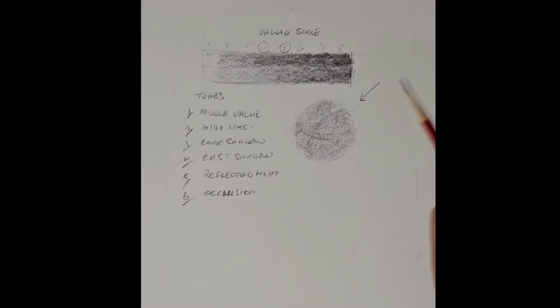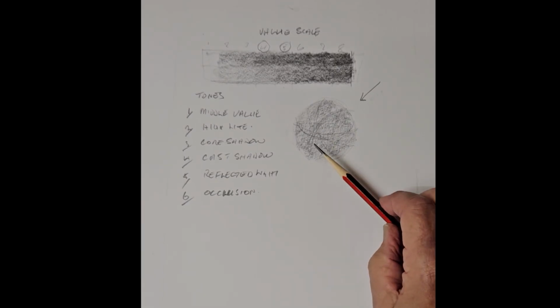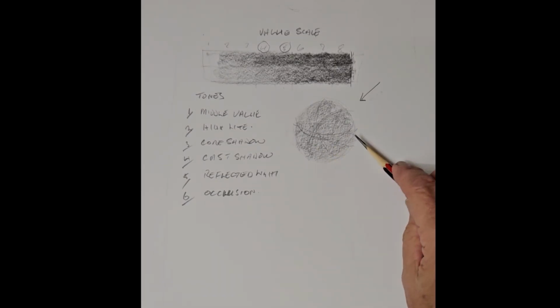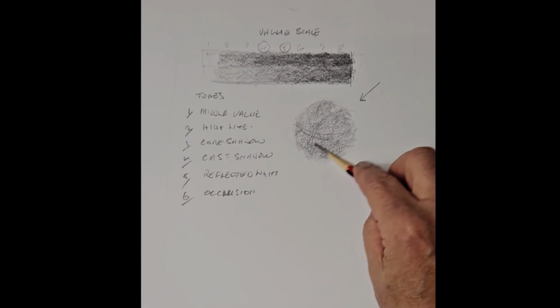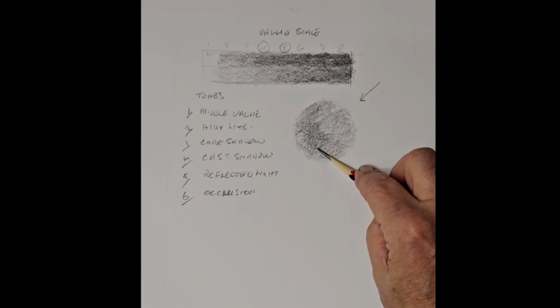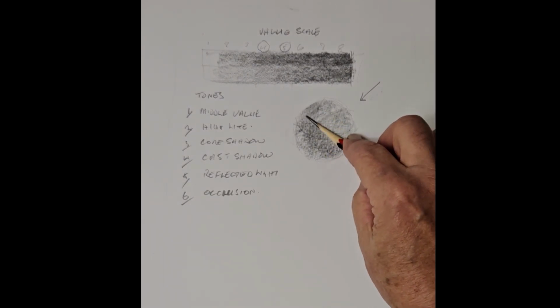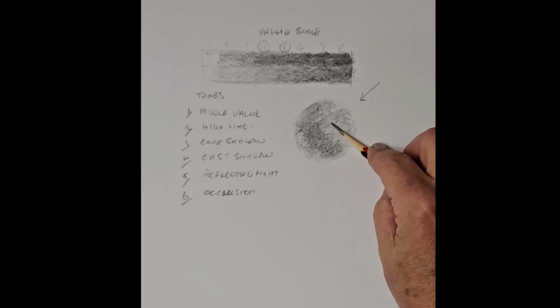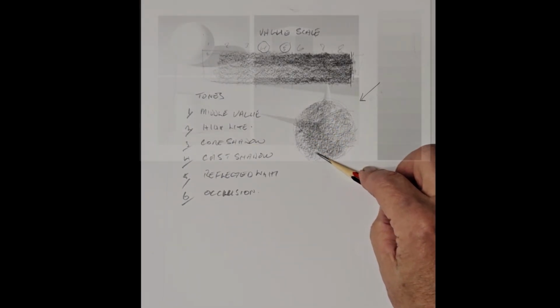And that turning point means that this object and the light that is hitting this object, the object is turning away from the light. And as that happens, obviously the light can't travel around corners and it gets progressively darker. And it's not a sudden change to dark, it's a progressive change to dark. And any form that is rounded will always have soft edges as they turn away from the light.